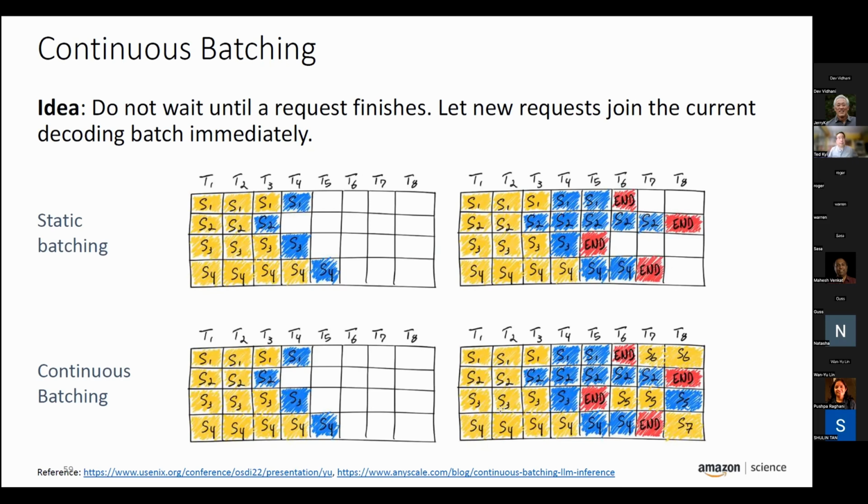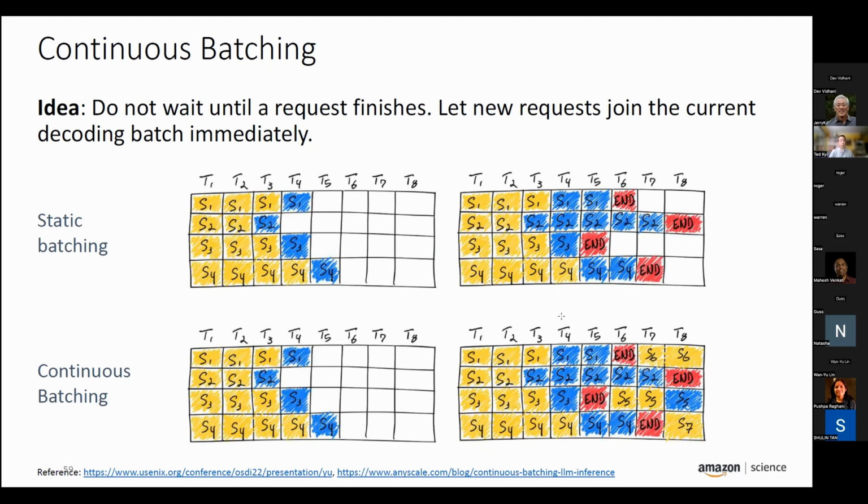Yeah, raised hand. Dave? So I just wanted to highlight that the yellow part is the pre-fill, and the blue part is the single token decoding here. Yes, yes. And one of the things we talked about is that each of these vertical columns represents sort of one time chunk.